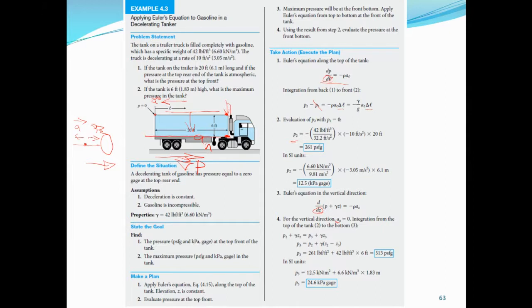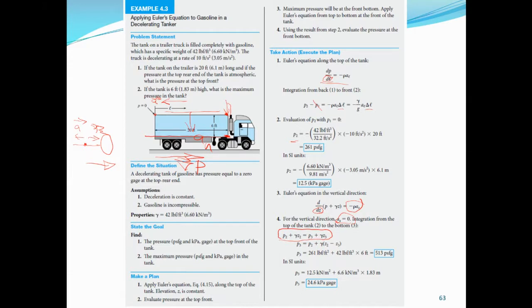So the pressure at this point will give us just the pressure as if the tank was not moving, if the acceleration component is 0. Because if the acceleration component is 0, then this term will disappear, and then you have the piezometric pressure being constant.